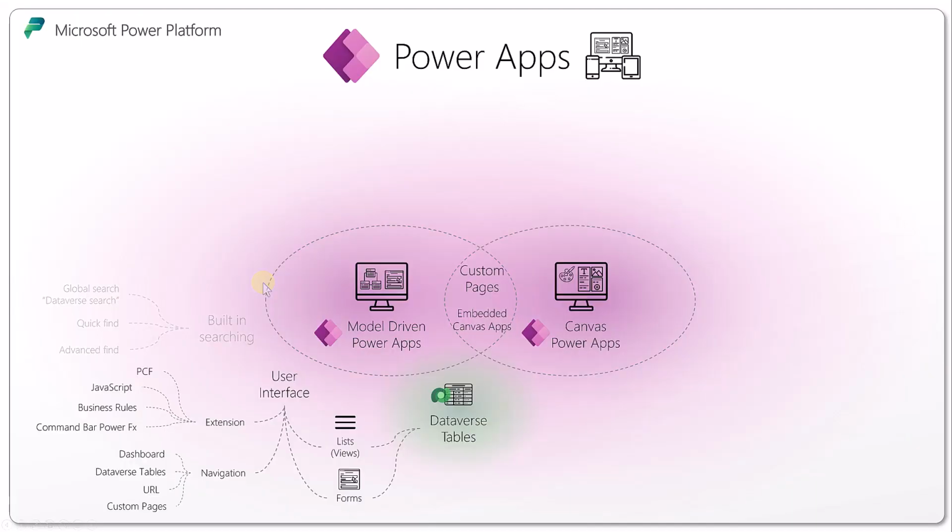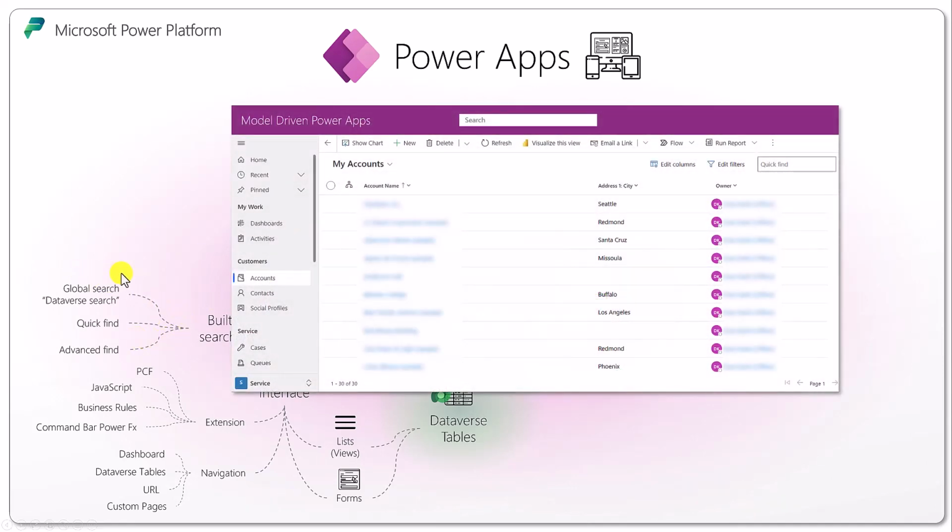UI. Then next we also have some built-in searching capabilities, right? Effectively you would have a global search, or what we call Dataverse search, where when you search a record or a term, it will search throughout the tables that you have enabled within your model-driven app. You can have quick find. If you have selected a table, your quick find would search within that table.